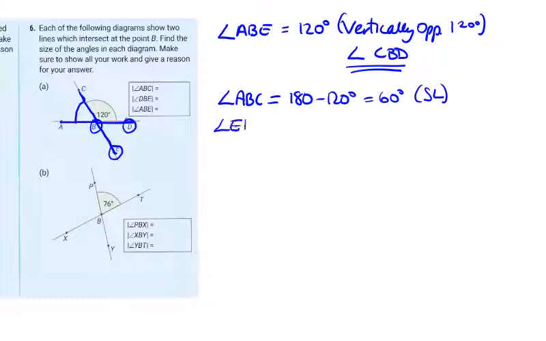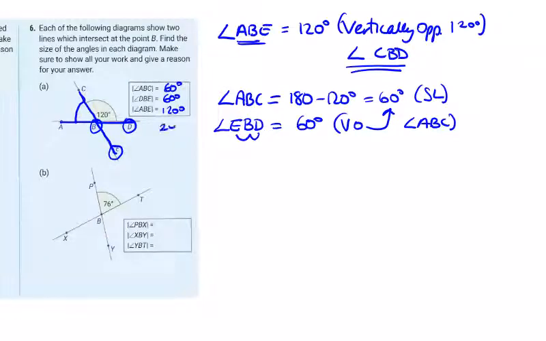The angle EBD is also equal to 60 degrees, vertically opposite. I'll just use vertically opposite, and it's this angle here, ABC. So the angle ABC has to be 60 degrees. DBE, we wrote it backwards, also 60 degrees. And the angle ABE on top 120. And if you add them up, you're going to get 240. Add the other 120, and you're going to get 360. You can check your answer.